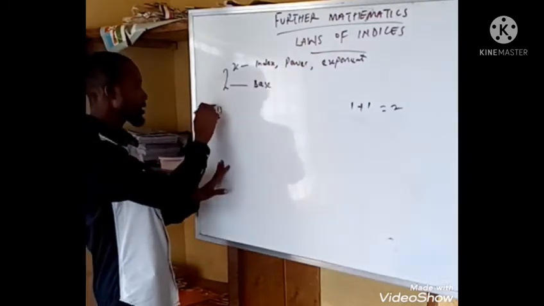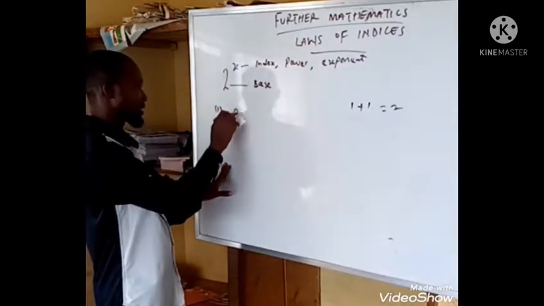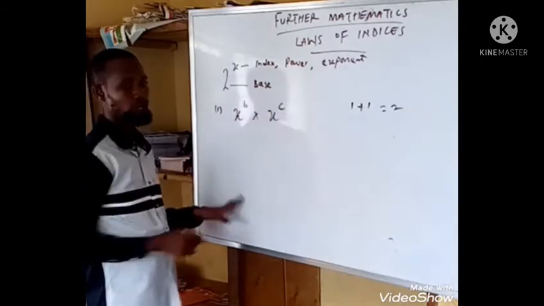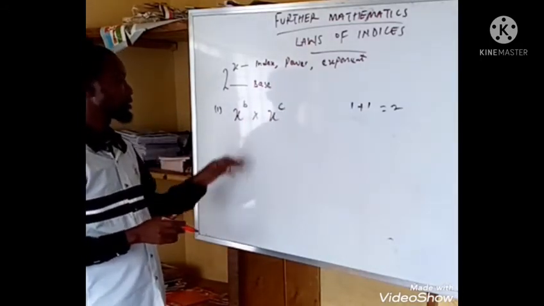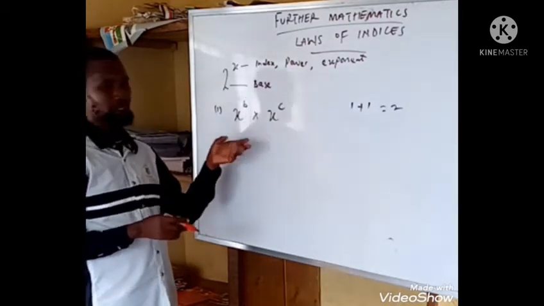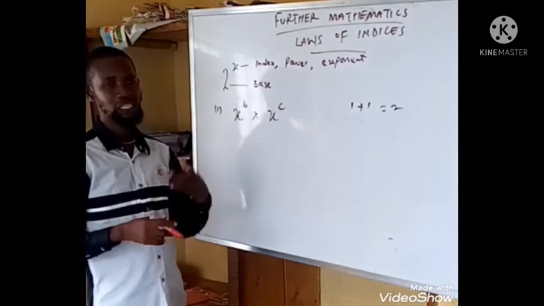The first law I'm going to talk about is the one that looks like this: x raised to power b multiplied by x raised to power c. In this situation, for the law to hold at all, what we call the base has to be the same thing.